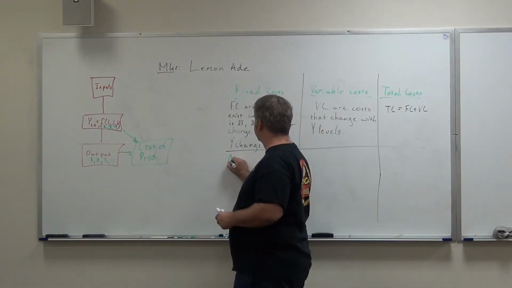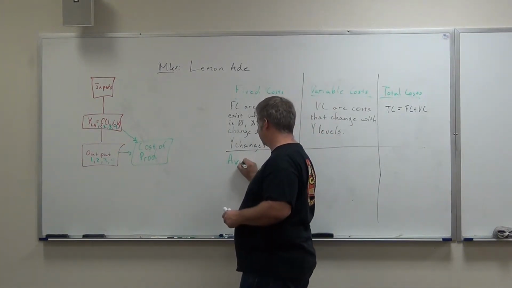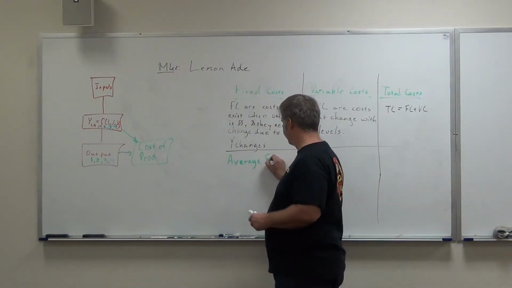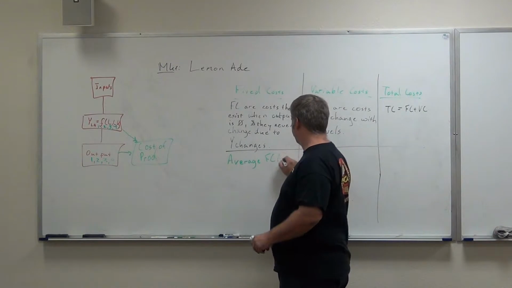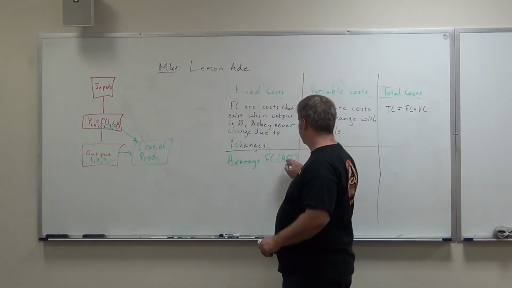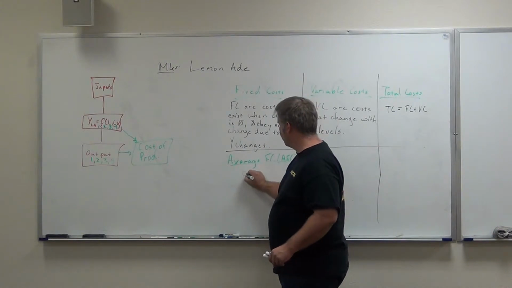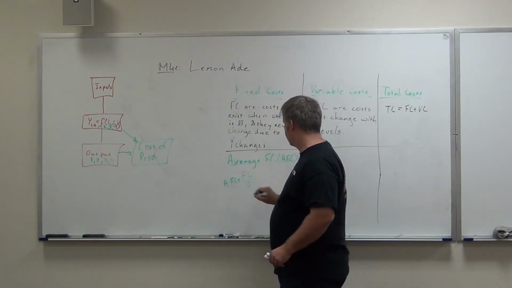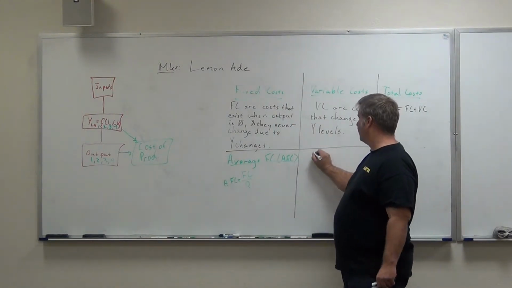So we can have average fixed cost, otherwise known as AFC, and I'm not going to spell it average anymore. And that's just going to be fixed costs divided by quantity. We have average variable cost.